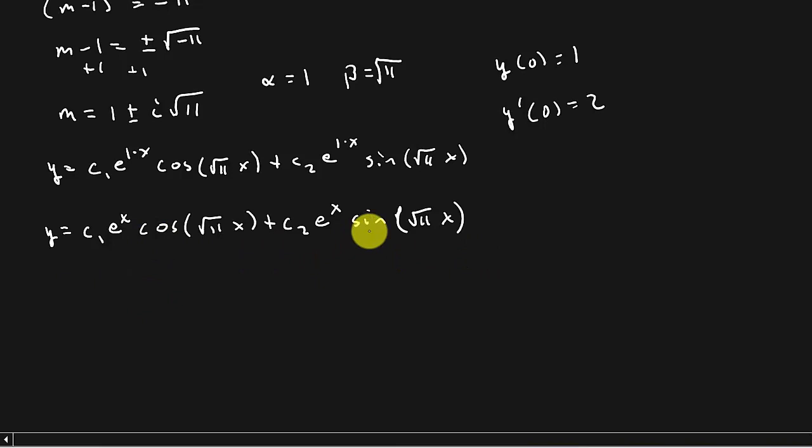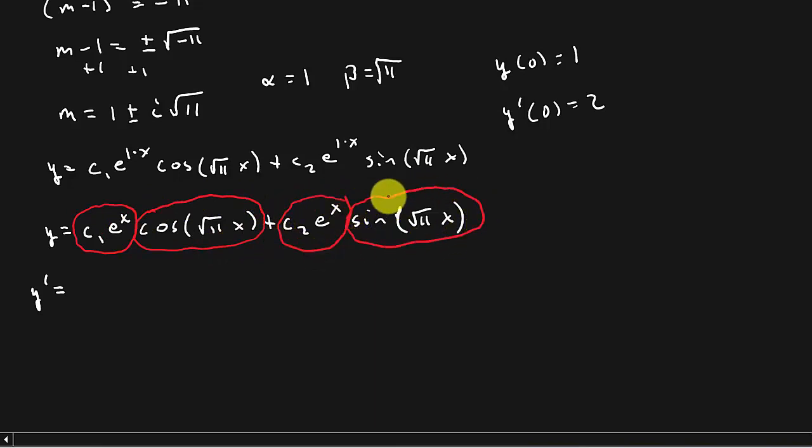For each of these, we got to use the product rule. All right, so y prime is equal to, so I'm going to keep this as my first function, this as my second function when doing the product rule. And same thing here. So it's the derivative of the first. The derivative of e to the x is e to the x times cosine square root of 11x plus, and then the derivative of cosine is negative sine times the derivative of what you're taking the cosine of.